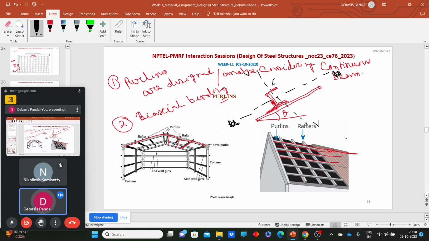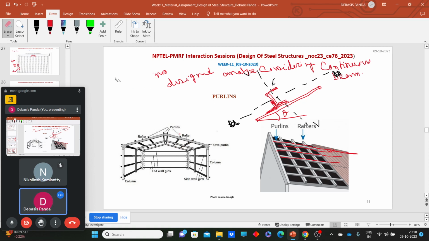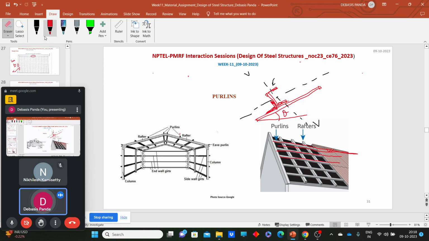What about the loads? First thing we need to understand is which kind of load can come to the purlin. First thing, wind load. Obviously they are subjected to wind, and it is considered that the wind load is applied perpendicular to the roof. Okay, so now let me clear it and draw it correctly, clearly, so that we can understand the load distribution part.